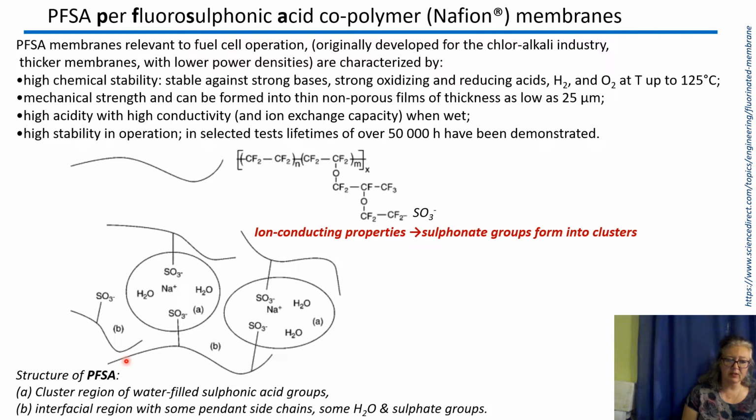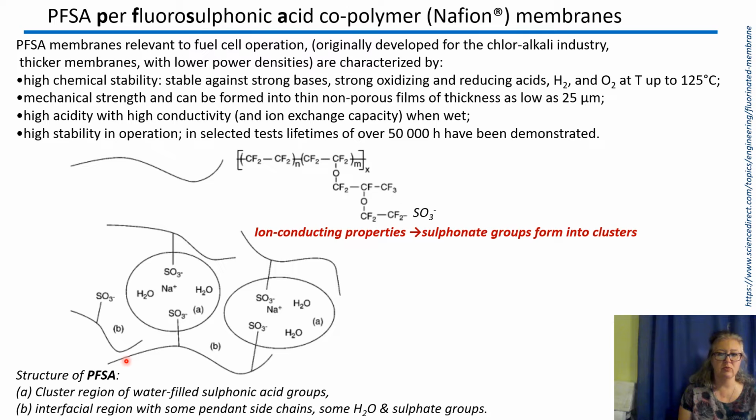Their thermal stability, chemical inertness, and enhanced acidity of the sulfonic acid groups made the membranes originally developed for the chloralkali industry, but to achieve high power densities in fuel cells, much thinner membranes were developed.